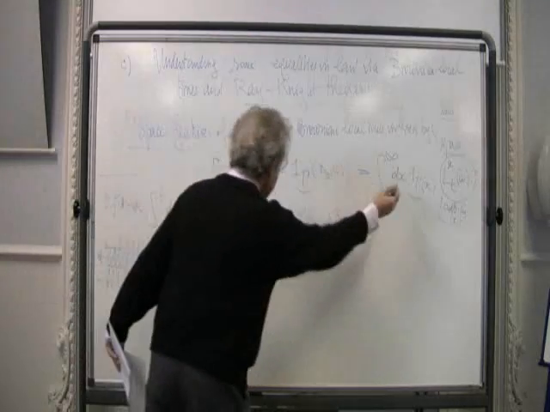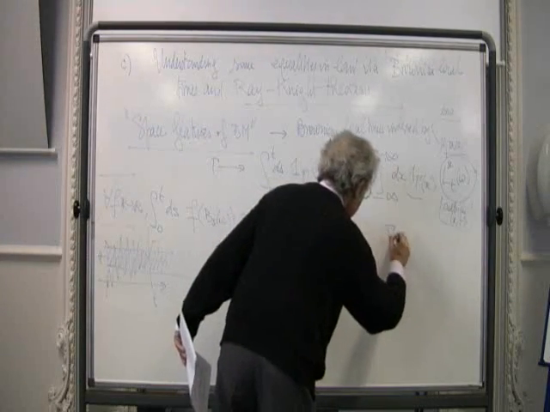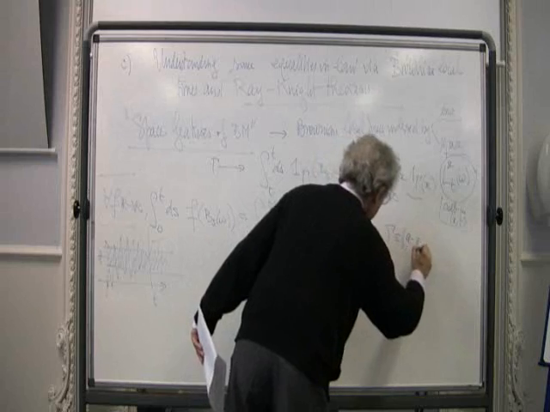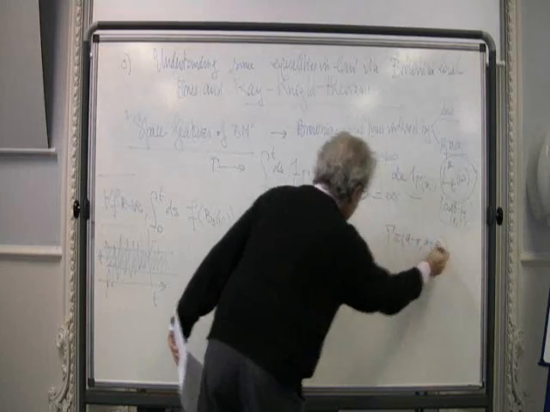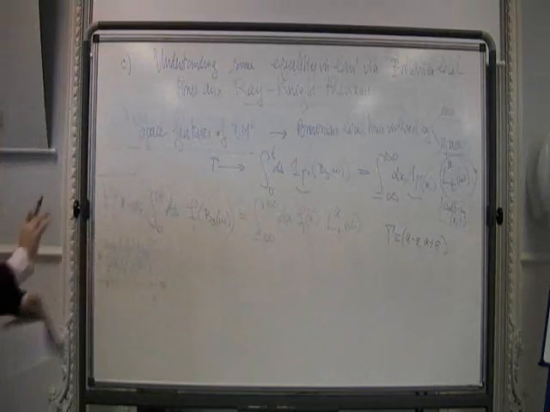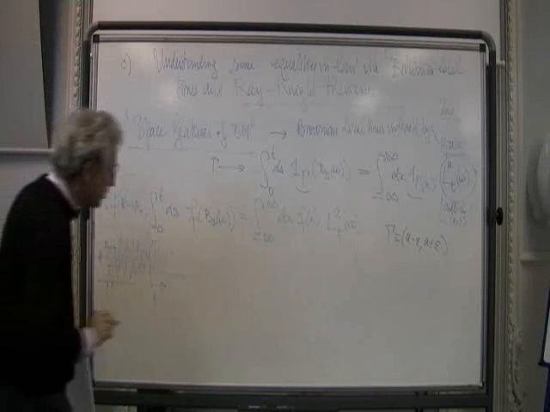So we take this gamma being a minus epsilon, a plus epsilon, and we divide by the width of this band, that is 2 epsilon.